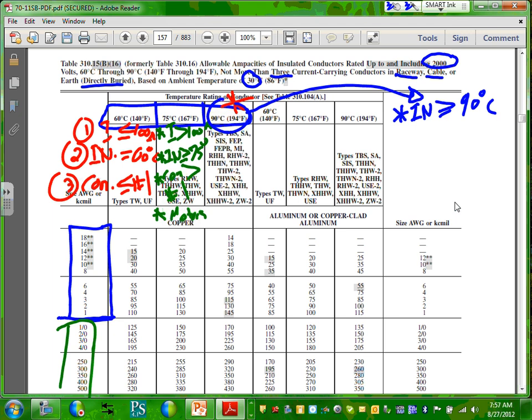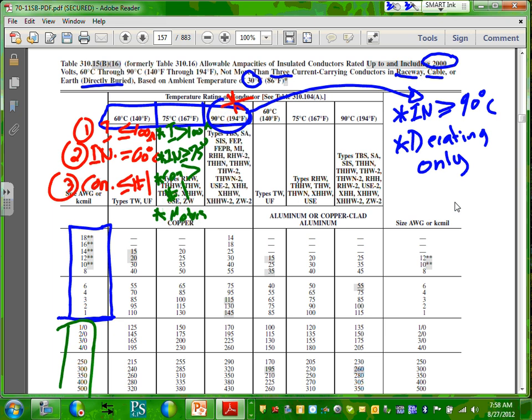Don't even think about it, okay? And you use this one for derating. Derating only. Done. We do not size based on 90. We only derate based on 90. Cool? That's the rules that you apply for all these.